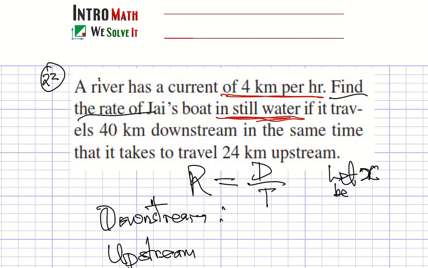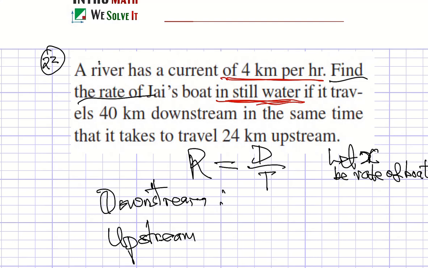Find the rate of the boat. Let x be the rate of the boat, okay? And then when it's going downstream, the current of the water is helping the boat. So it has x plus 4, okay? That's the rate going down. You have to add the rate of the water to the rate of the boat.